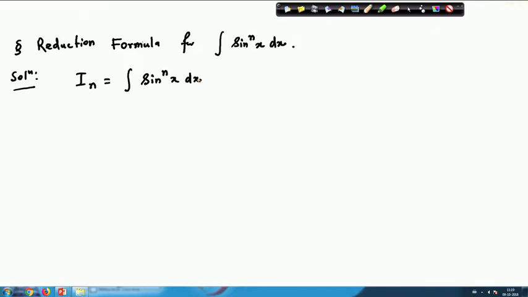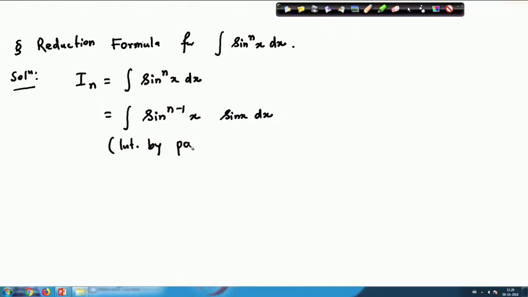Now we can do integration by parts. I can first write this as sin to the power n minus 1 x dx times sin x dx, and then I will use integration by parts.